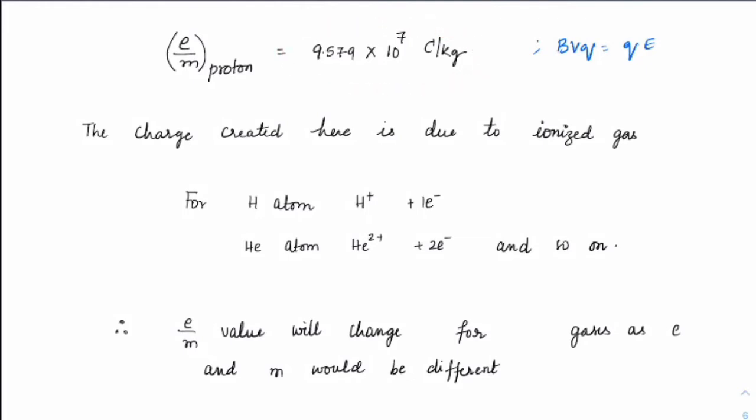Now, when it comes to the charge of a proton, or positive charged particles, they are always generated from ionized gases. Like H plus is generated from H2, He2 plus is generated from helium atoms. The charge of H plus and He2 plus is different, and the mass is also different.